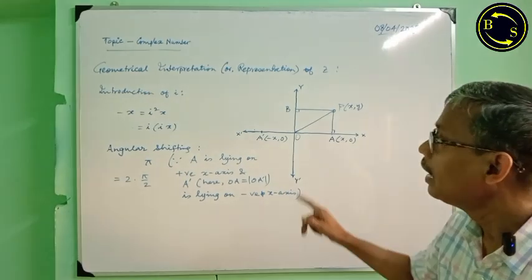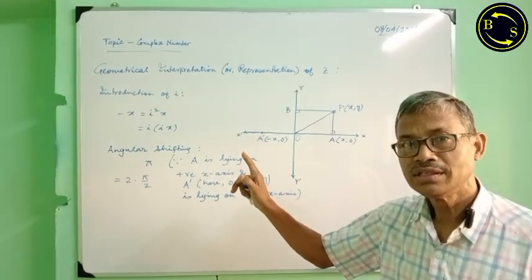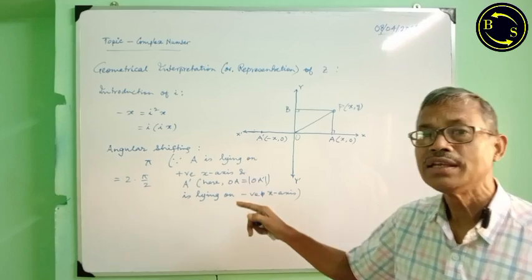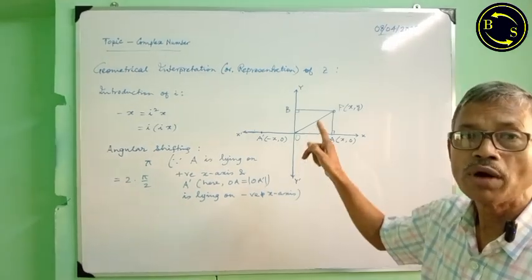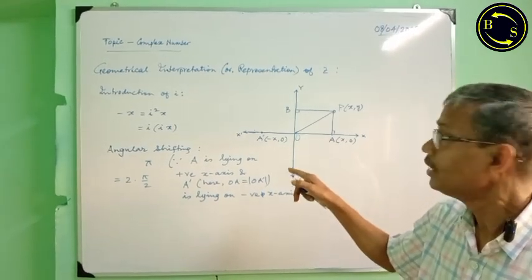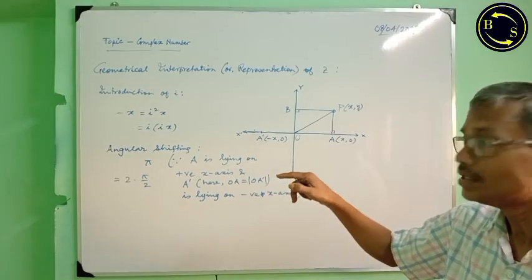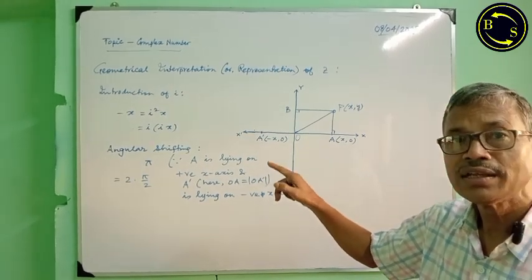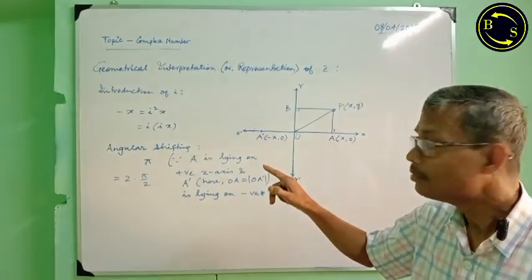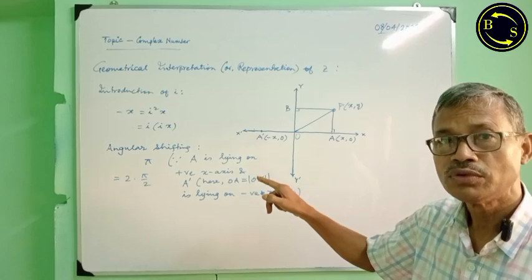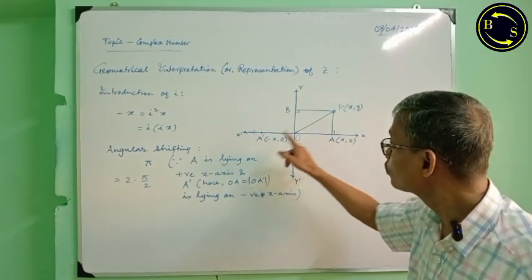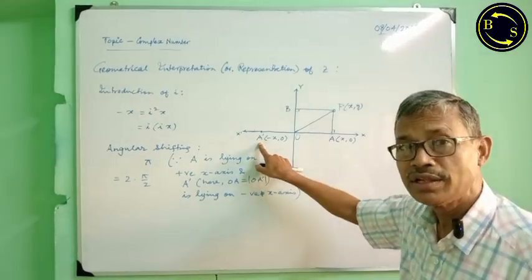That means ix will lie on the y-axis. Due to twice shifting of pi by 2, A comes to the position A'.